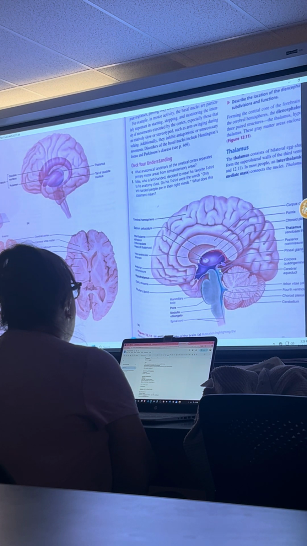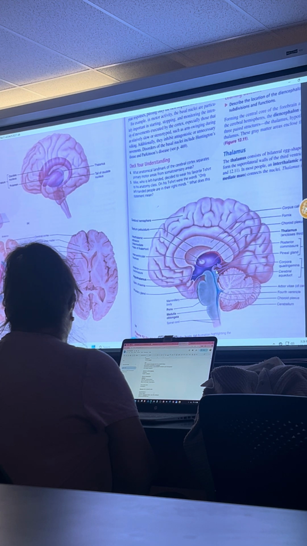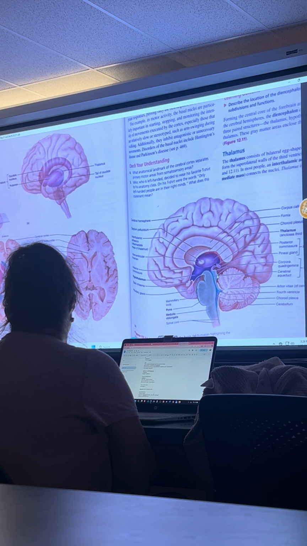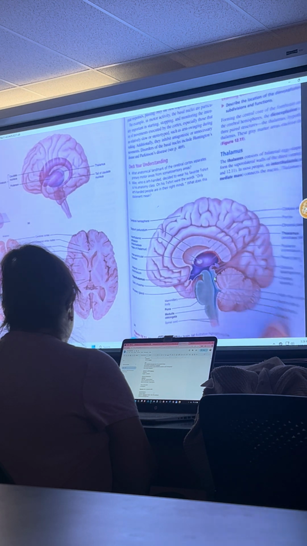The 2 upper ones, the 2 lower ones, it's vision and hearing. I think the upper ones are vision and the lower ones are hearing, but without going back and thinking about it, I'm not sure. So these are pathways and connections that make a difference, but it's kind of complicated if you try to get into all of it.